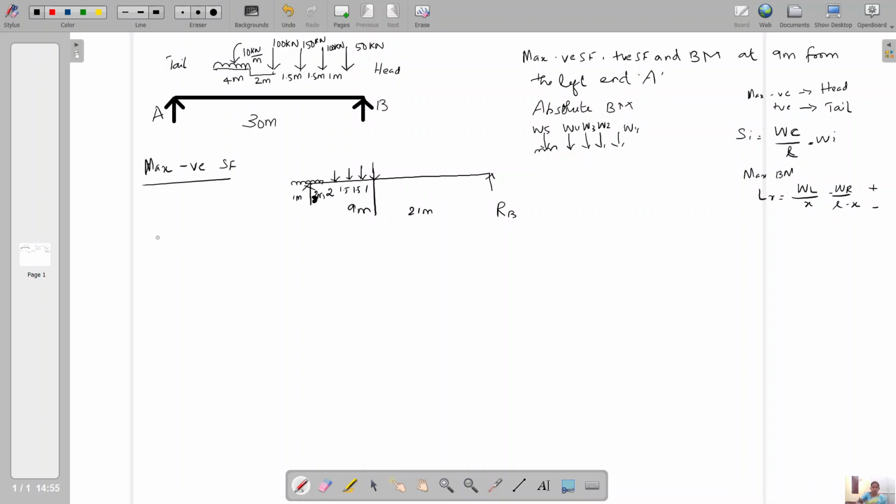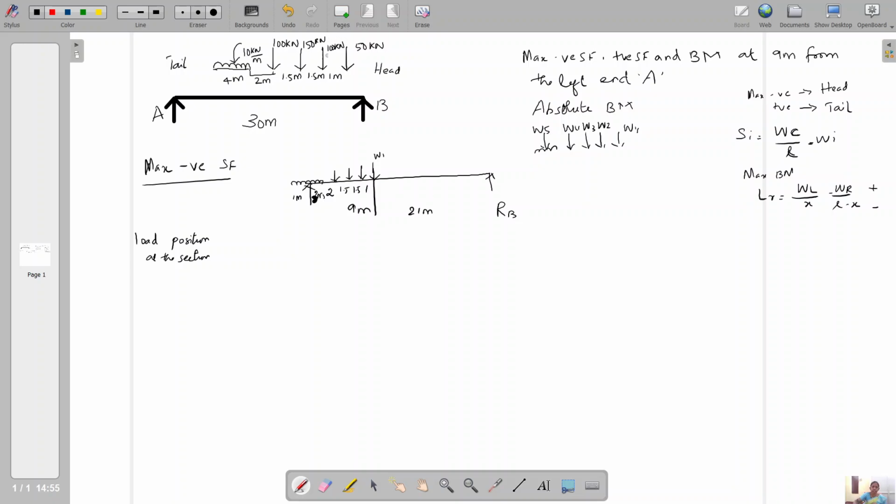Next, make a convenient table, that is load position at the section. Which load is going to be placed at the section? First one, W1 is here. For the next trial, we are going to move W1 to the right of the section so that W2 is on the section.